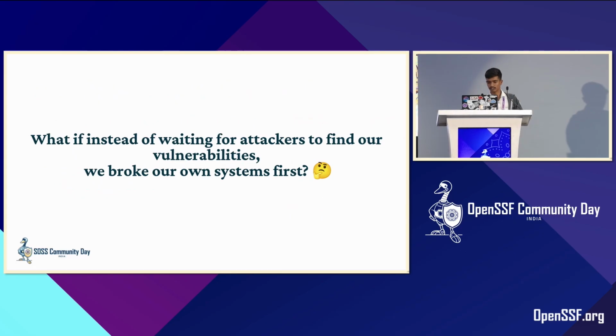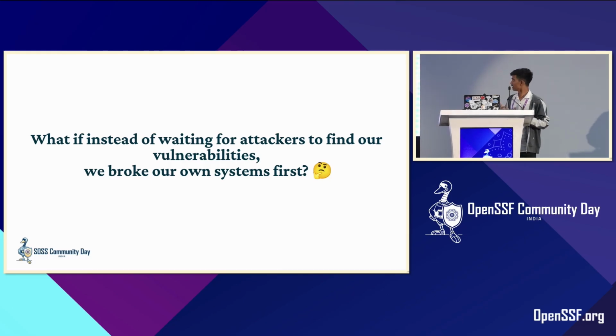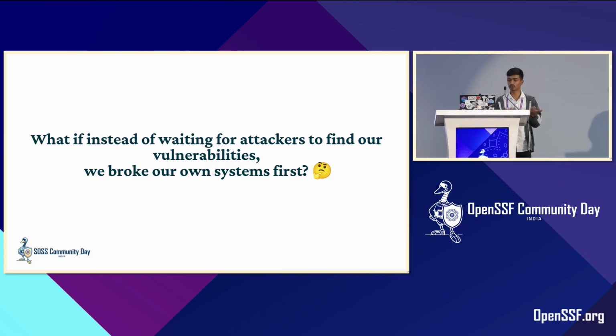So what if, instead of waiting for attackers to find our vulnerabilities, we broke our own system first? That is what we are going to talk about in these slides.